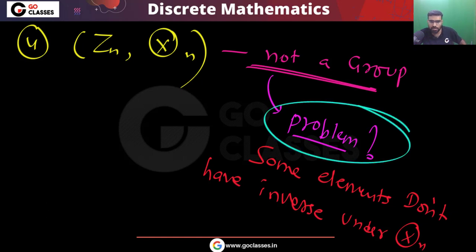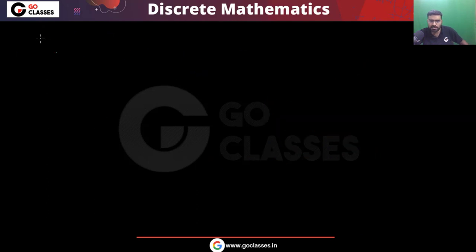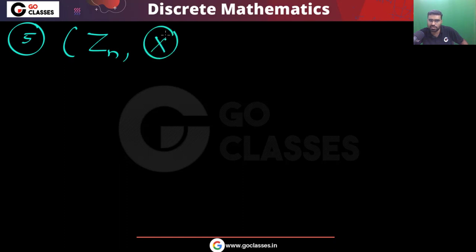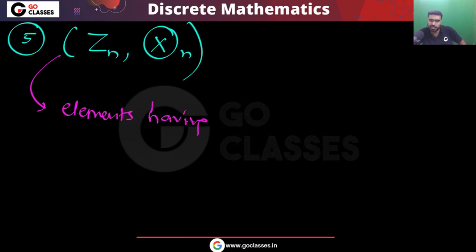So now what is the solution? Find the elements which have inverse. In this structure, with multiplication modulo n as the operation, which are the elements having inverse?